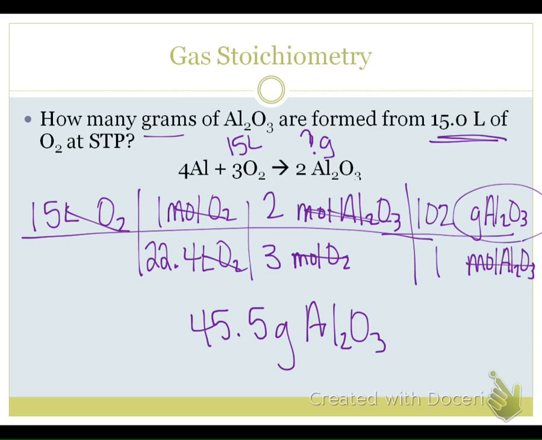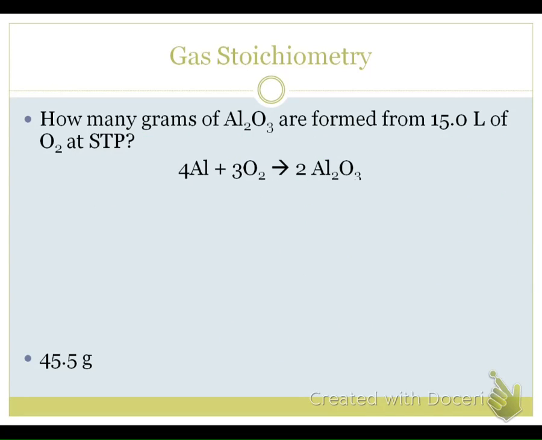Do we agree? Yep, that's exactly what I got. This T-chart only works when we are at what conditions? STP. This conversion factor, this T-chart only works when we're at STP. If we're not at STP, we're going to have to do some other things to get through that. Very good.